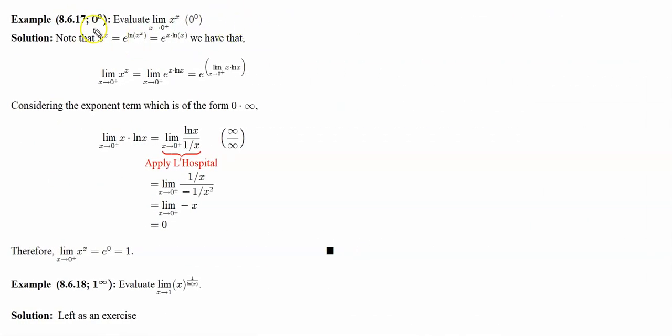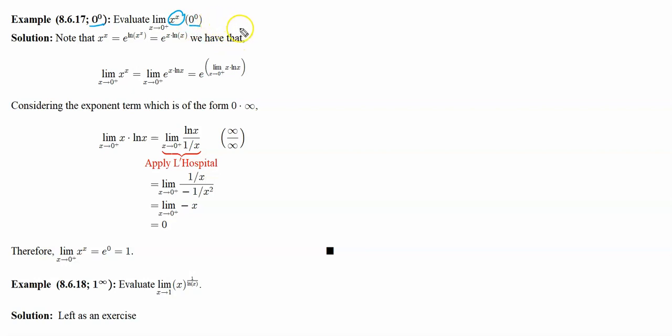Now in this example, we're going to take a look at a limit that is of the form 0 to the 0 power. So here we want to evaluate the limit as x approaches 0 from the right of x to the x power. Since x is approaching 0, this is of the form 0 to the 0 power, right?